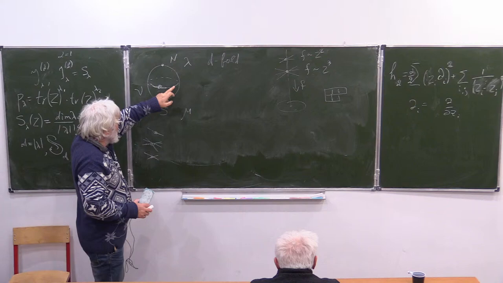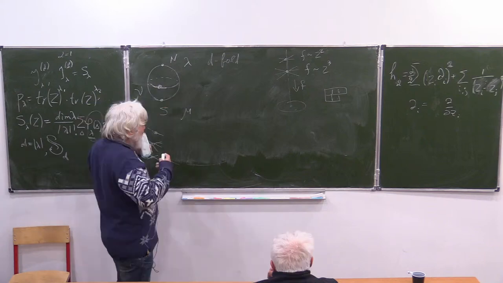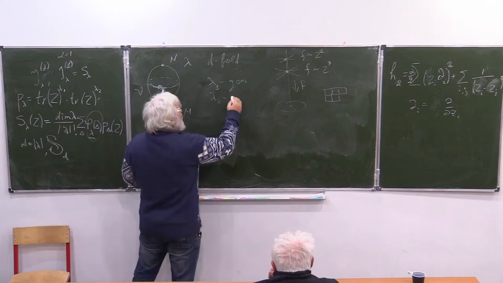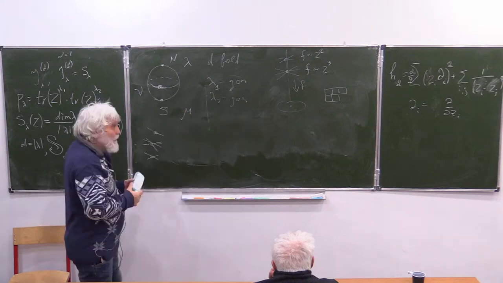So, what is going on? What are the preimages of this disk? It will be a set of polygons: lambda 1 gon, lambda 2 gon, and so on. And this set of polygons is the preimage of this disk, the one gon.